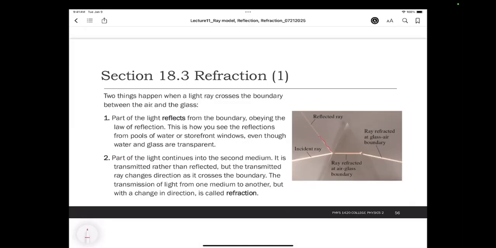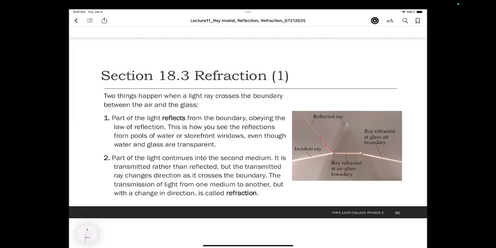This is how you see the reflection from pools of water or shop front windows, even though water and glass are transparent. And part of the light continues into the second medium. It is transmitted rather than reflected, but the transmitted ray changes direction as it crosses the boundary. The transmission of light from one medium to another, but with a change in direction, is called refraction.